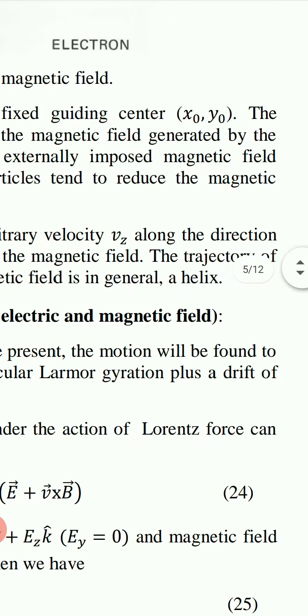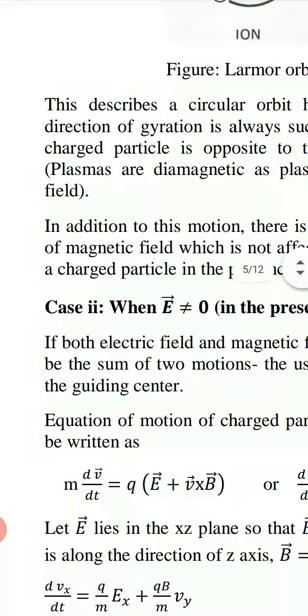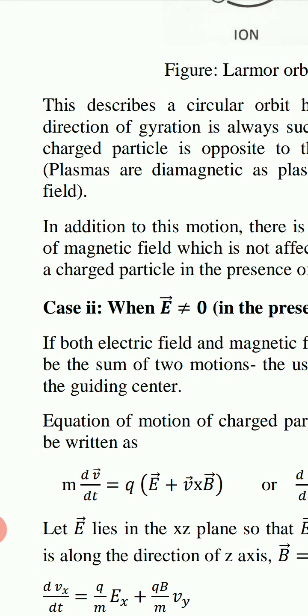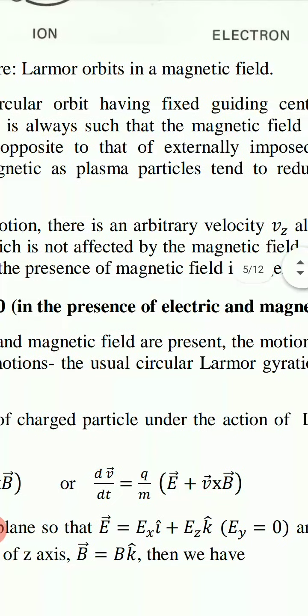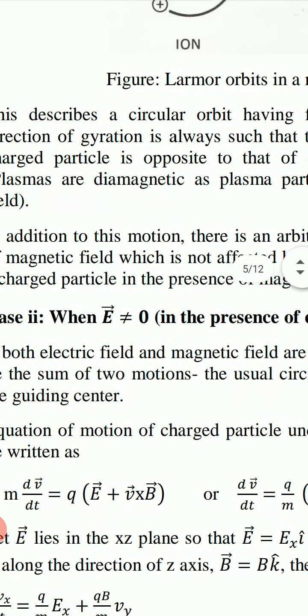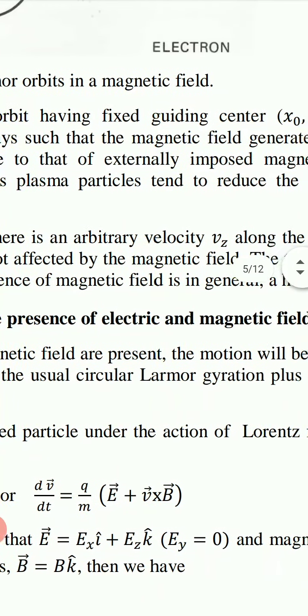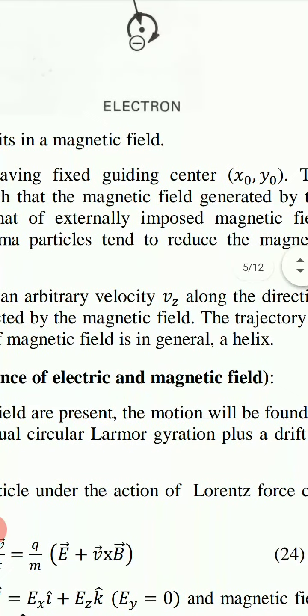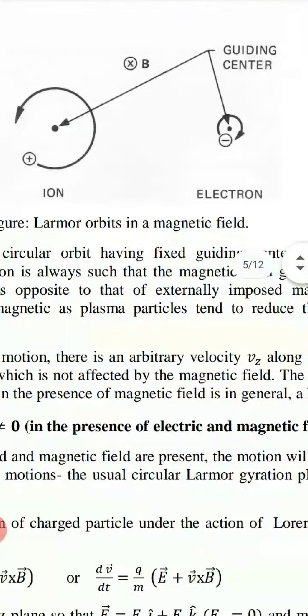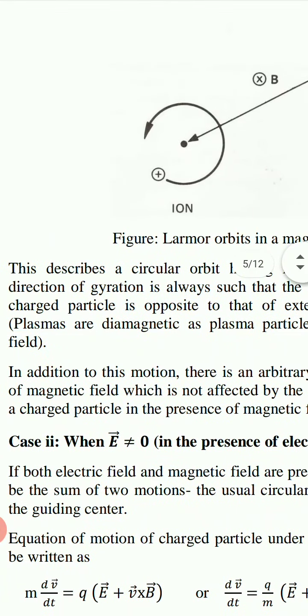The direction of gyration is always such that the magnetic field generated by the charged particle is opposite to that of the externally imposed magnetic field. Now, if the charged particle is positive, it will move in a circular orbit.